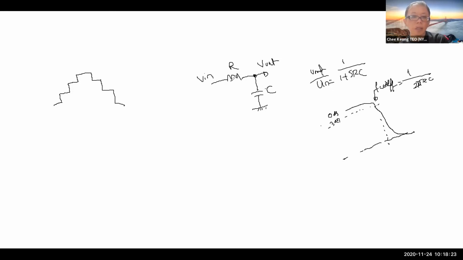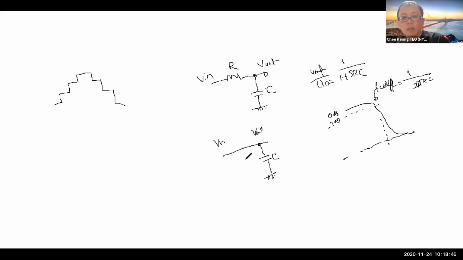But of course, if I were to put this to, let's say, very small resistance, so essentially this is like a short, and then I have a capacitor. So this is a special case of an RC. Of course your V in will be equal to V out, because your R is essentially 0.